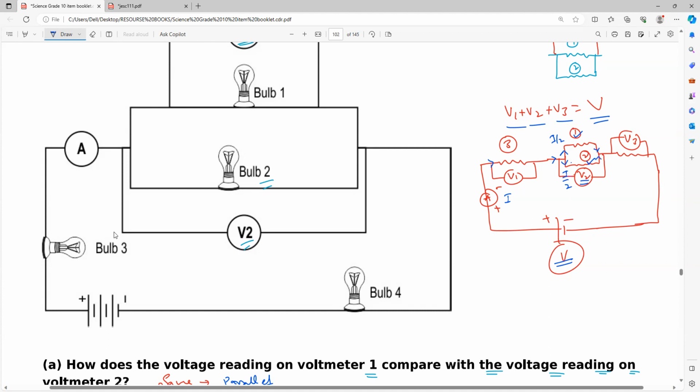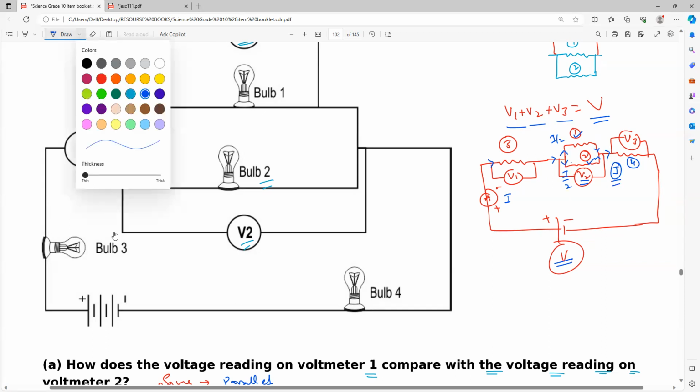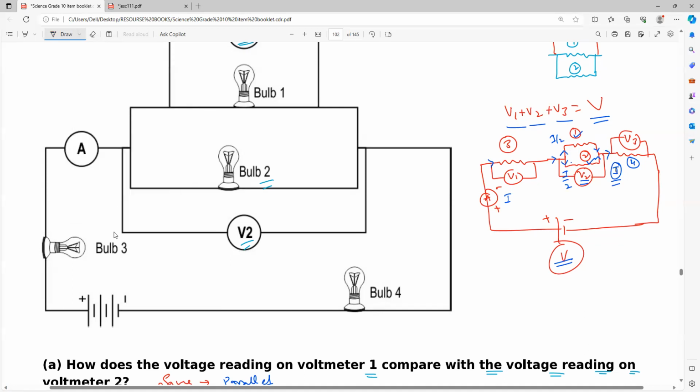Again they will combine across bulb 4. What current will pass now? I by 2 plus I by 2, which equals I. Do you understand, everyone? So in which bulbs does the ammeter reading remain same?